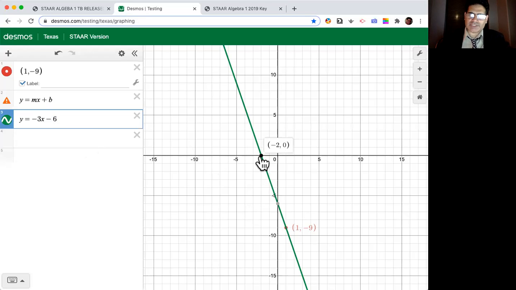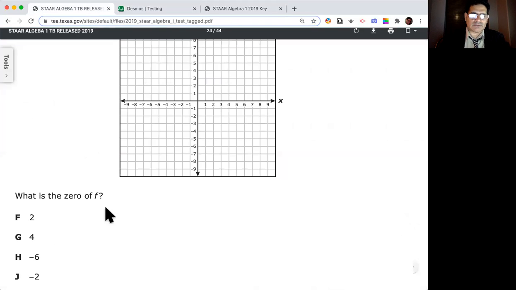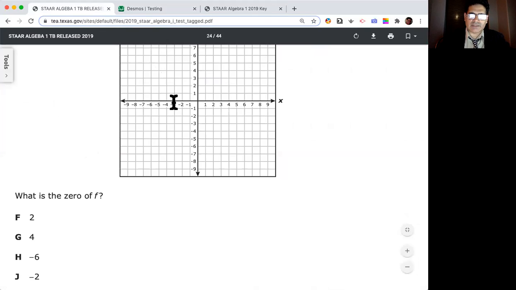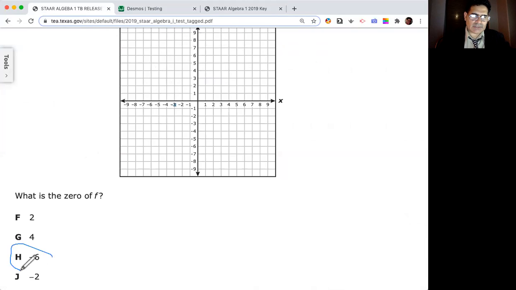That's what's meant by the zeros, right? So -2. Yes, it hits the x-axis at -2. I keep wanting to take -6, but actually it hits at -2.